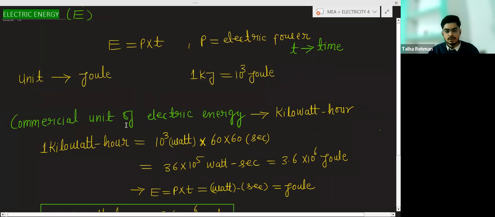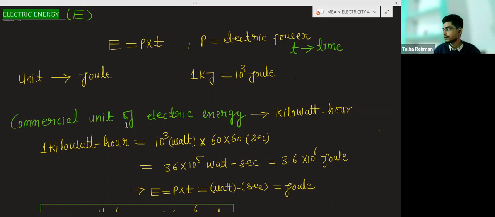Now, generally in life, we have devices like a laptop, a refrigerator, television, air conditioner, many electrical appliances. Generally, they run for half an hour, for 1 hour.